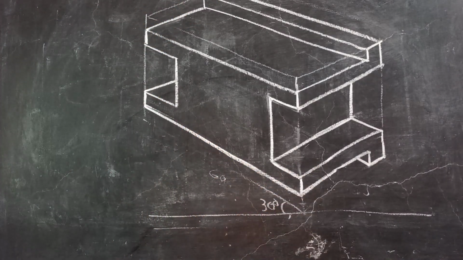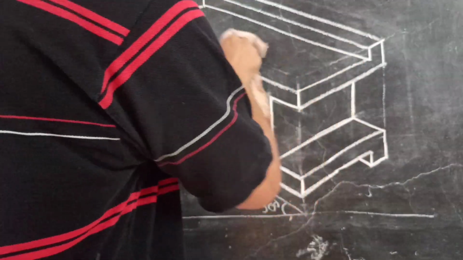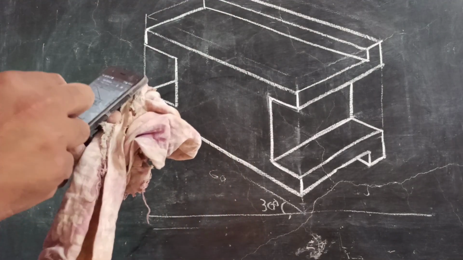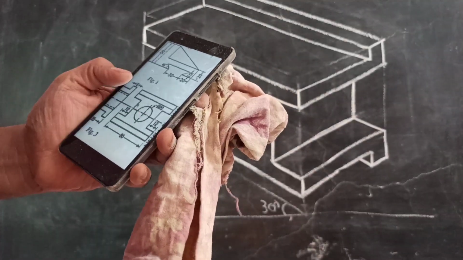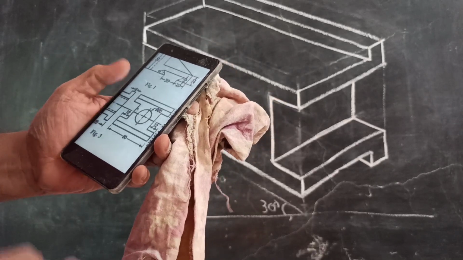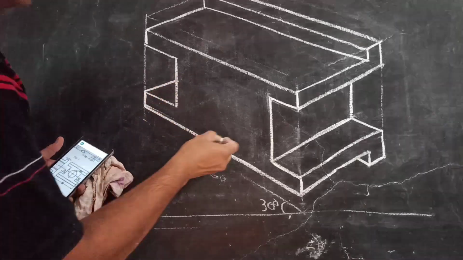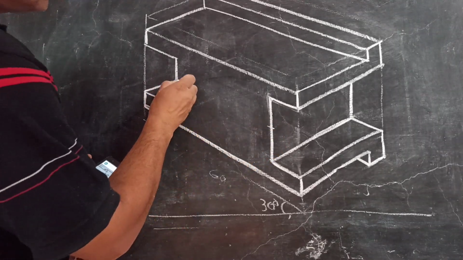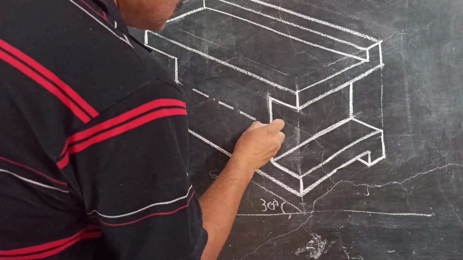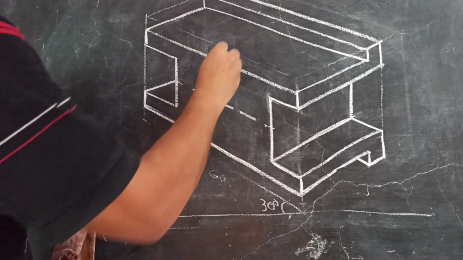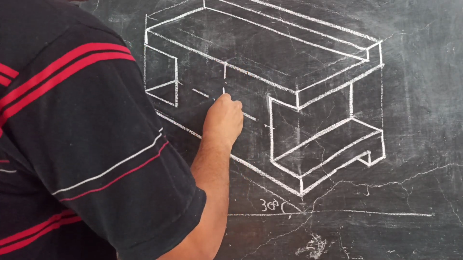Now the only remaining thing is the center hole here. The diameter is given as 20 and you can see that it is in between. So you can get the midpoint of this and draw a center line.